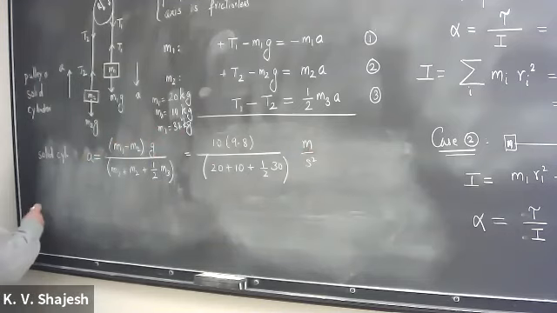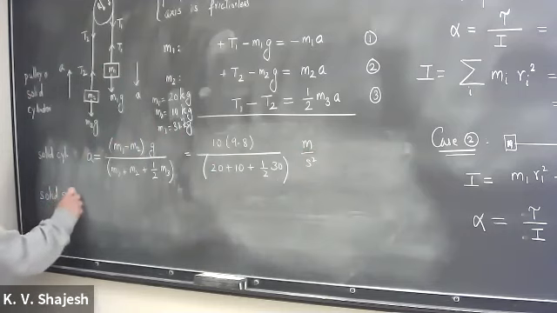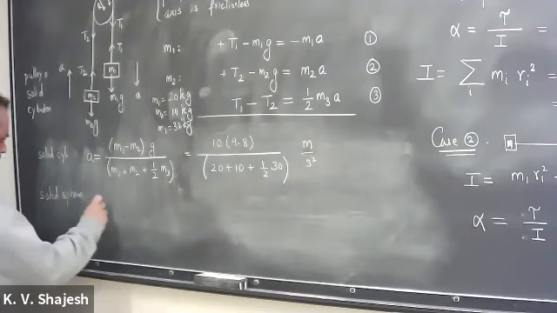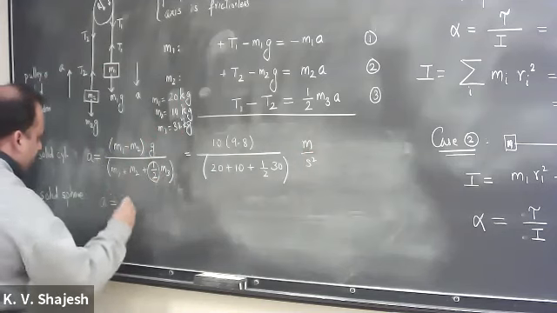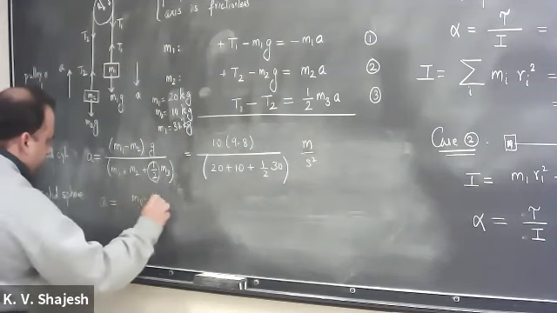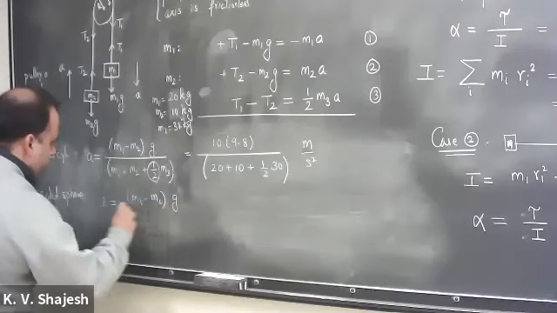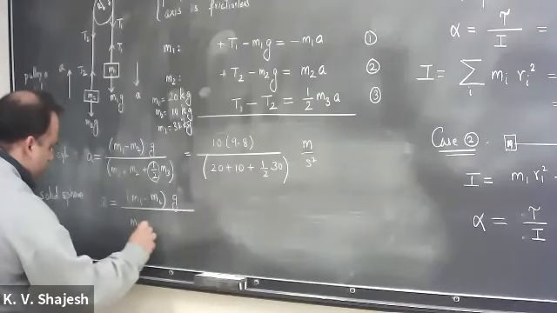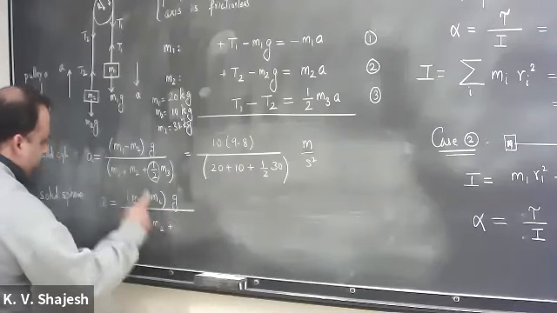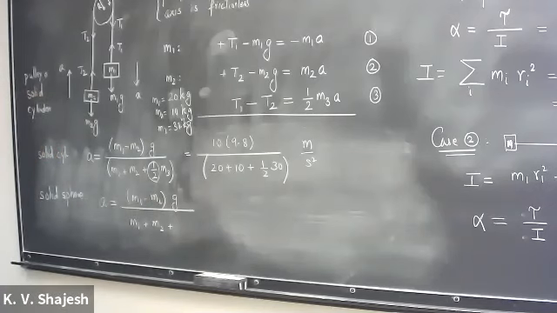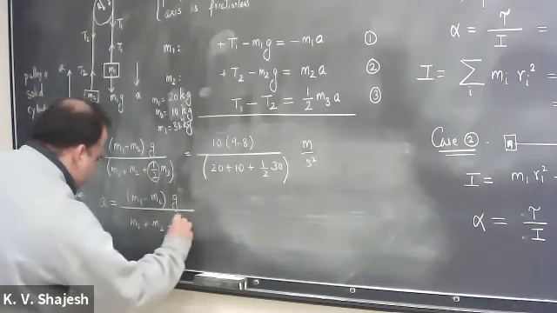But now let's do this for a solid sphere. The only thing that will change is, again, this factor in here. So that's M1 minus M2 G divided by M1 plus M2 plus, instead of 1 by 2, if you look into the solid sphere and the axis passing through the diameter, you have 2 by 5.